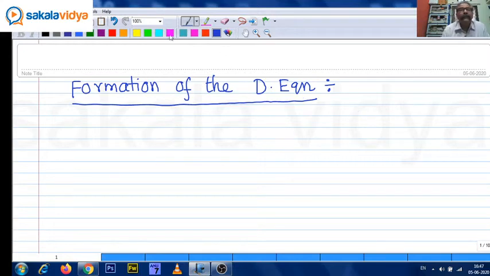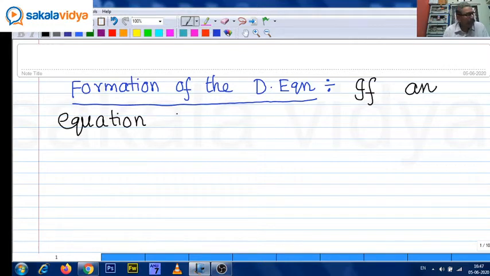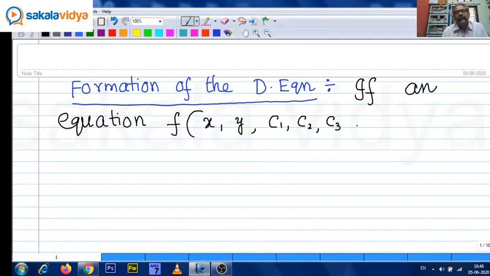See, for example, if an equation f of x comma y, where x is the independent variable and y the dependent variable, and c1, c2, c3 and so on up to cn equals to 0, has n arbitrary constants.